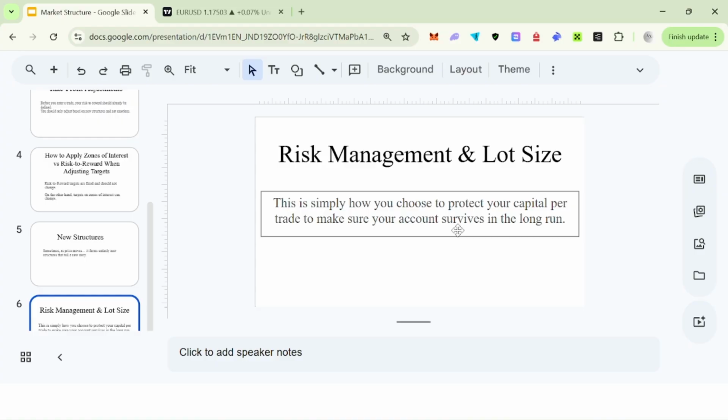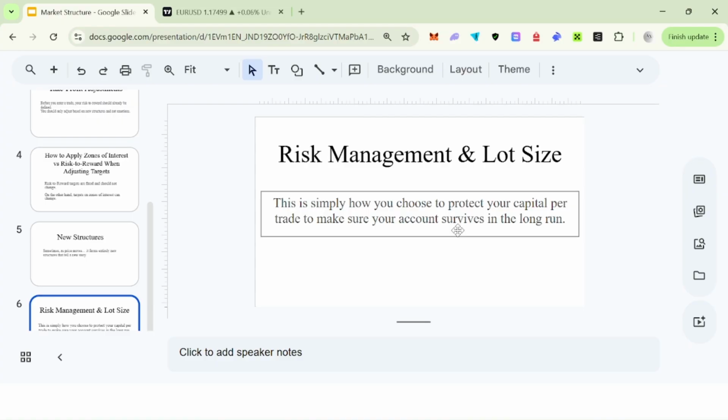So your lot size is what will make sure that instead of losing $1,000 out of $10,000 on a single trade, which is 10% of your capital, when you use your lot size and position sizing properly, you get to shrink your loss and manage it effectively how you want it to be managed.